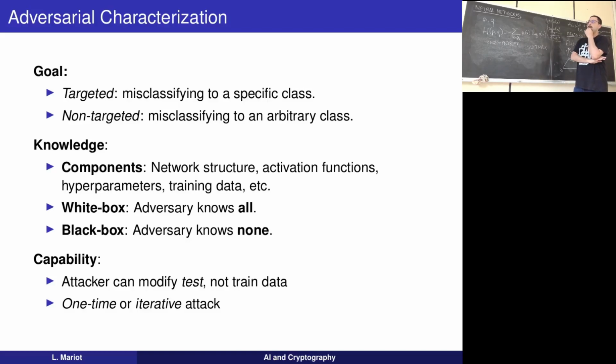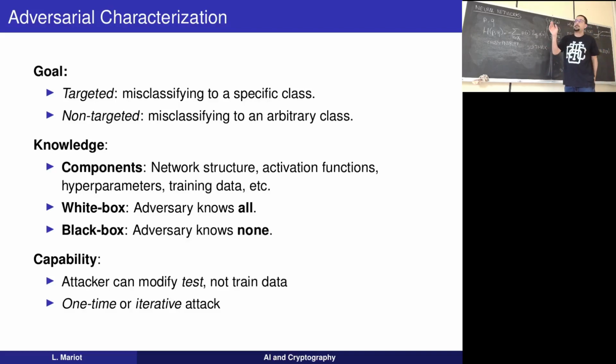We could also know the training data. So we have a lot of possible combinations of these components that can be known by the adversary or not.